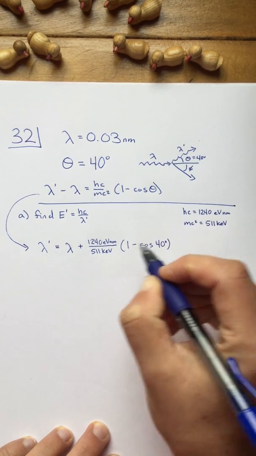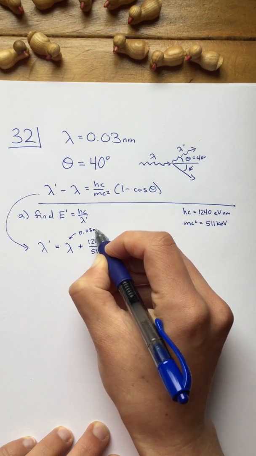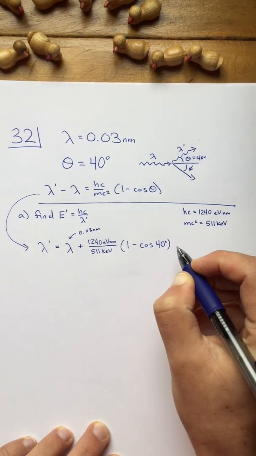That's 40 degrees, and this lambda is 0.03 nanometers.